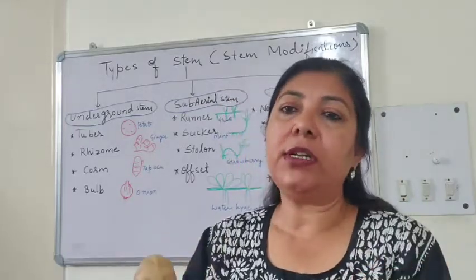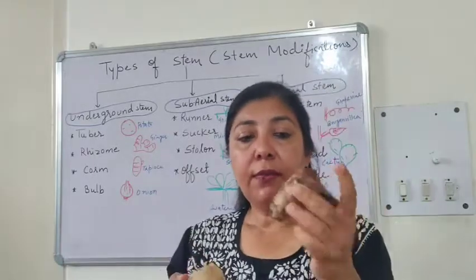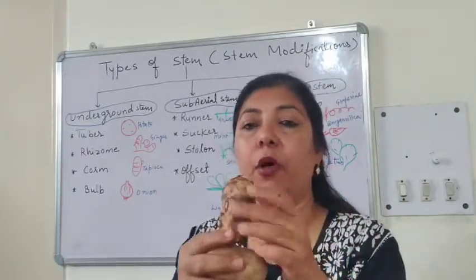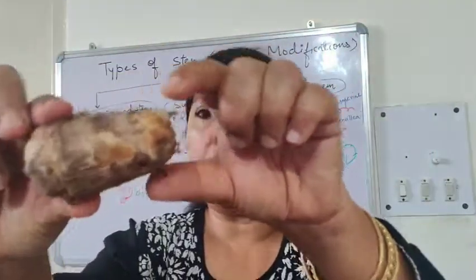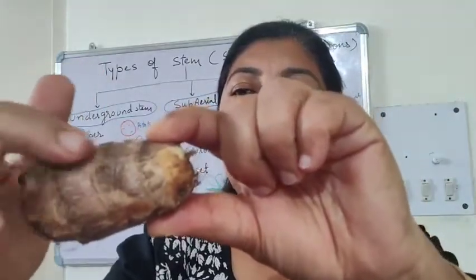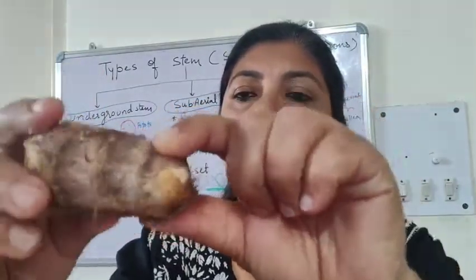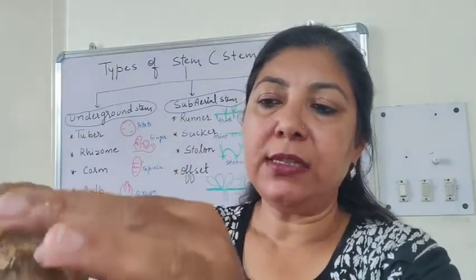So why are they called stems? Why don't we call them roots? Because they are showing all the properties of stem. What are they? They have got nodes and internodes. You can see these are nodes. These are internodes. And they have got leaves. These structures, these are scaly leaves.